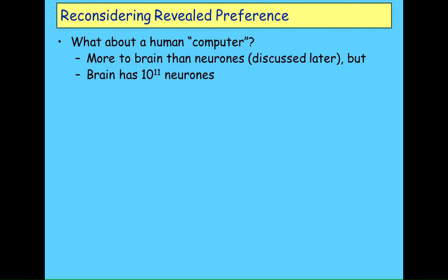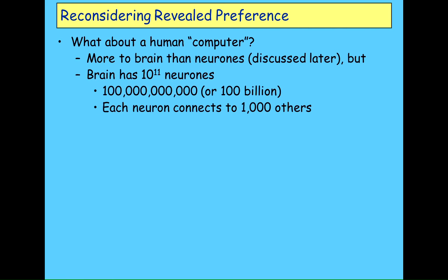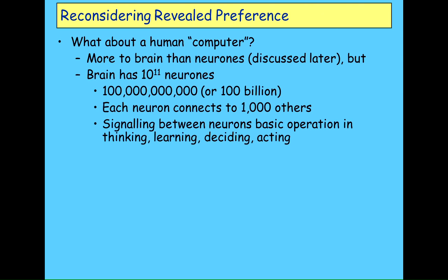The brain has roughly 10 to the 11 neurons. Now, that's 100 billion neurons. Is that right, Sona? Yeah. Okay, 100 billion neurons. And each neuron connects to about 1,000 other neurons, which is a fairly high level of connectivity. And signalling between those neurons is a large part of what thinking actually is. We're still learning a lot more about it, but that's the basic idea of signalling.